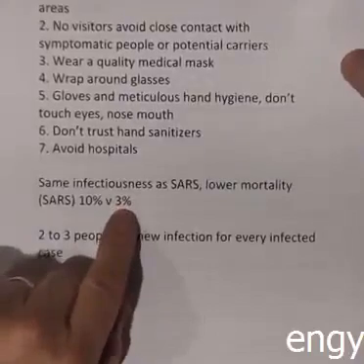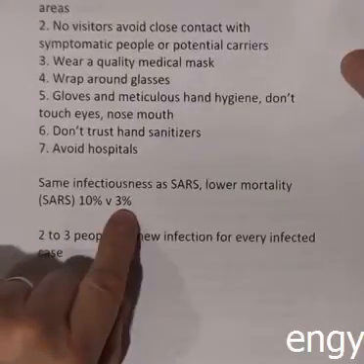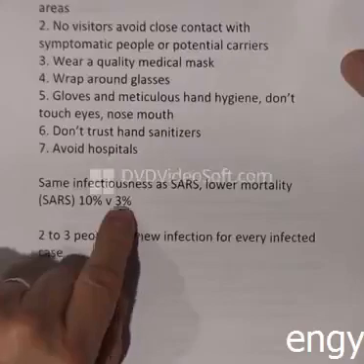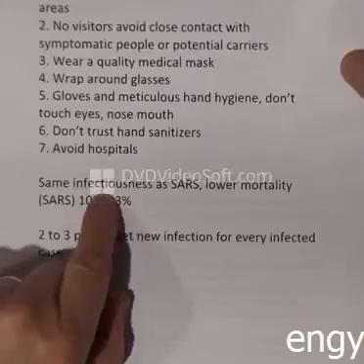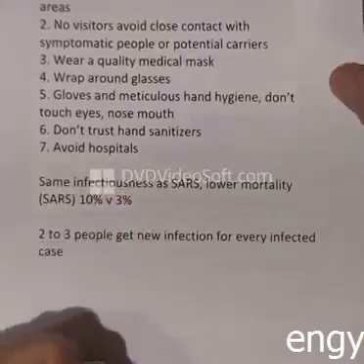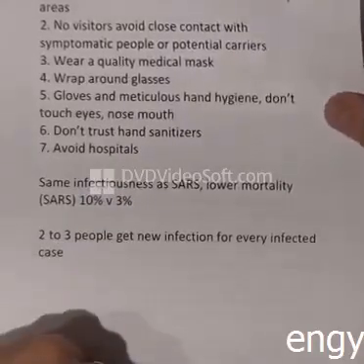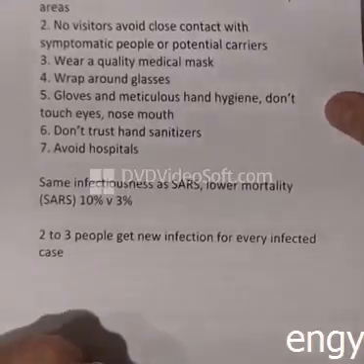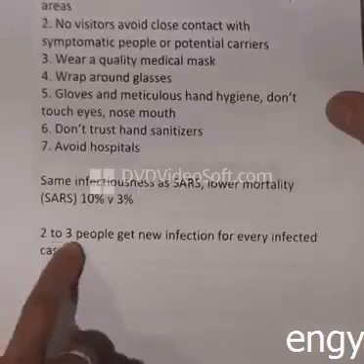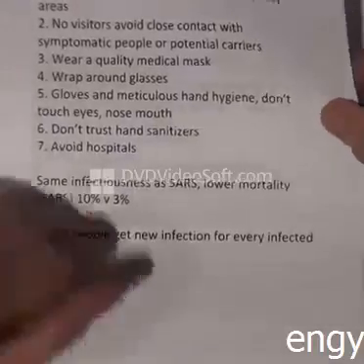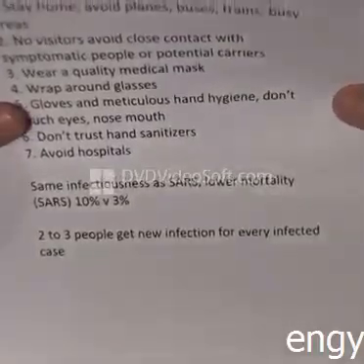So it's looking like a less virulent virus, but we're not sure quite how infectious and transmissible it is now, but it looks like it's going to be about the same as the SARS virus. And so far from the Chinese data, 2 to 3 people have been getting infections for every infected case. So that means it's doubling and tripling in incidence, being the number of new cases.